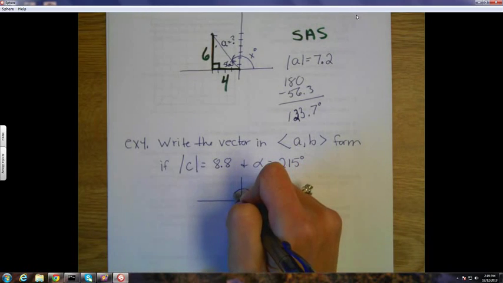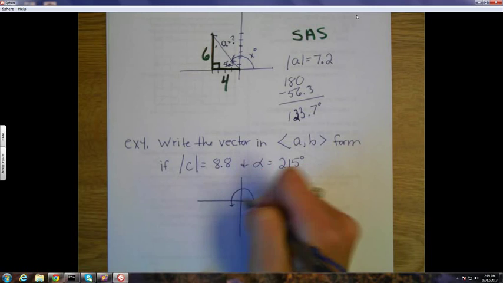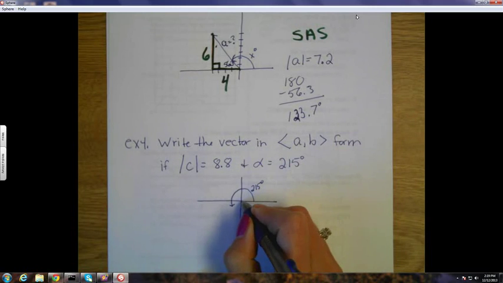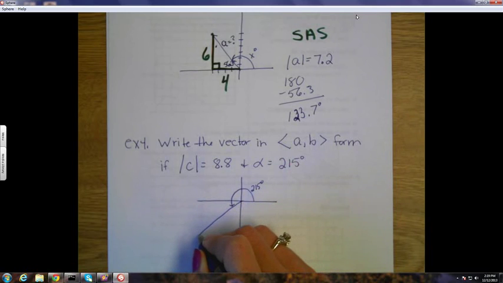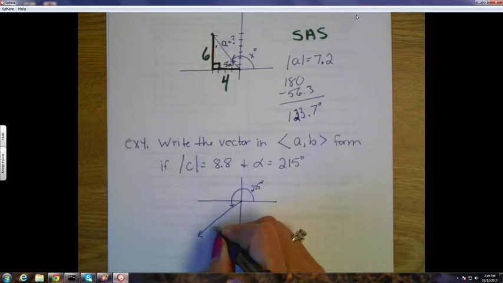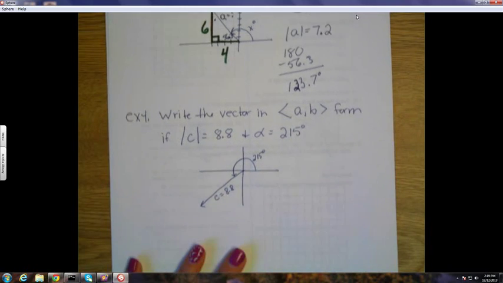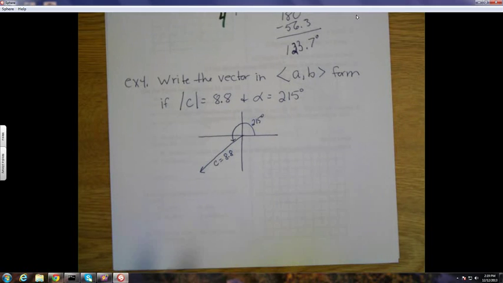That's how I get into quadrant 3. The C is 8.8. So what I am looking for is this endpoint.